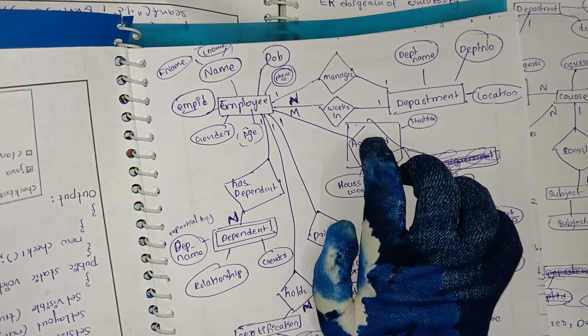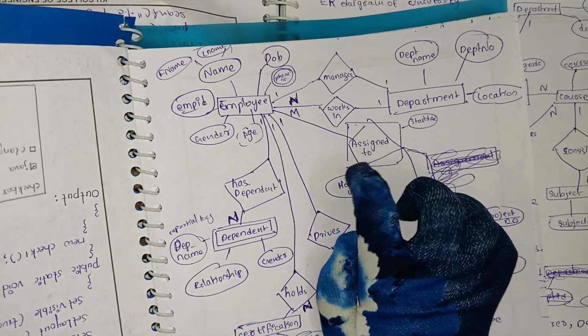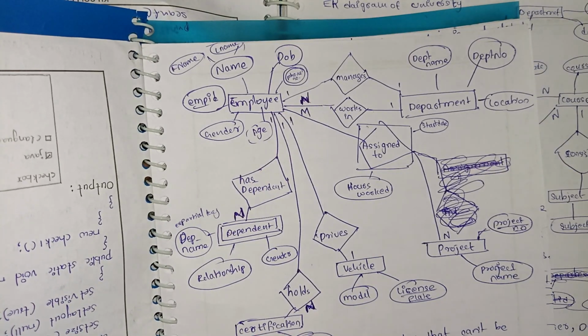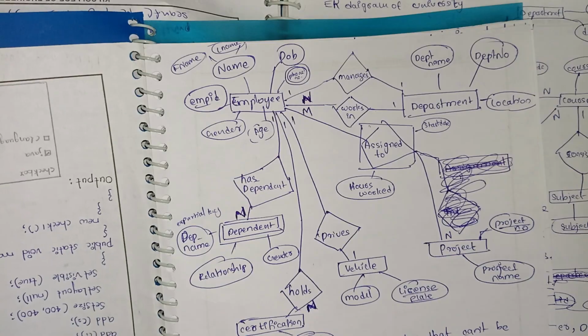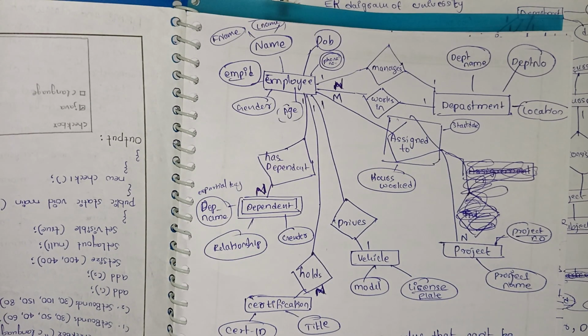So it is represented by a rhombus inside a rectangle, okay. It is used for many to many relationships to avoid severe redundancies, okay.